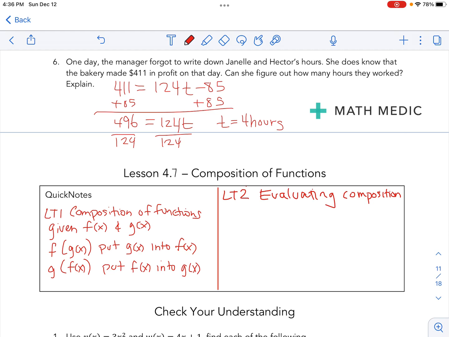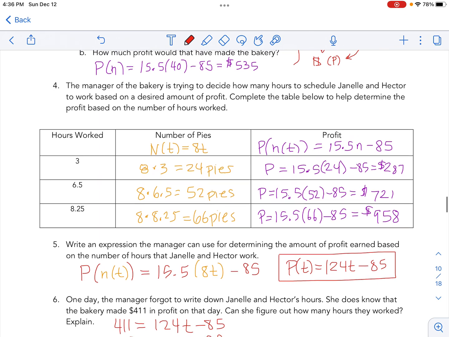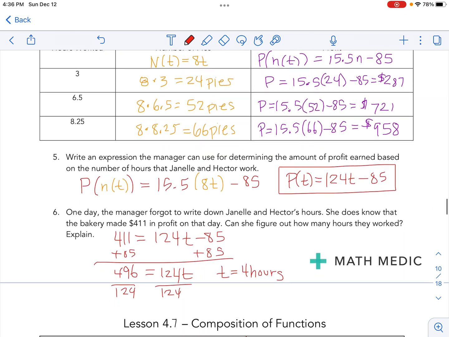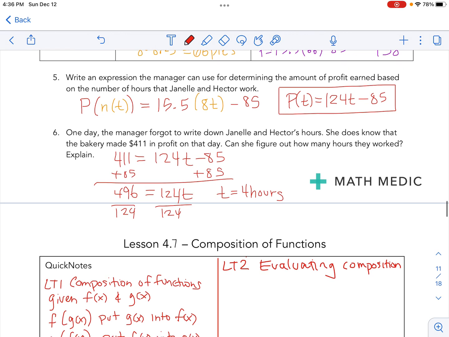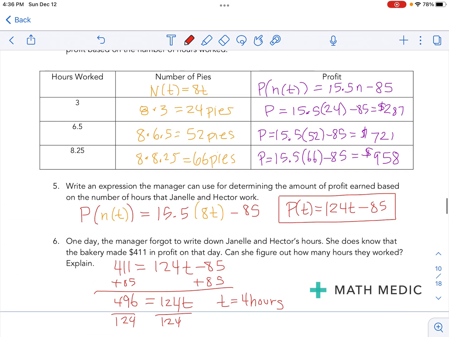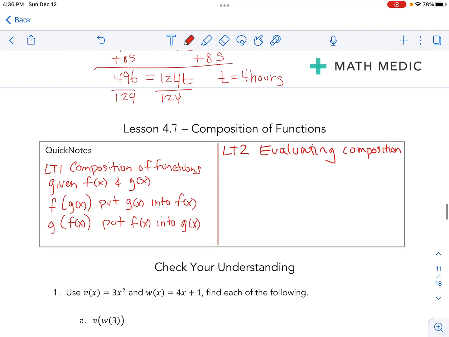We can say, in this case, we plugged the time to get the number of pies, and then the number of pies to get the total profit.